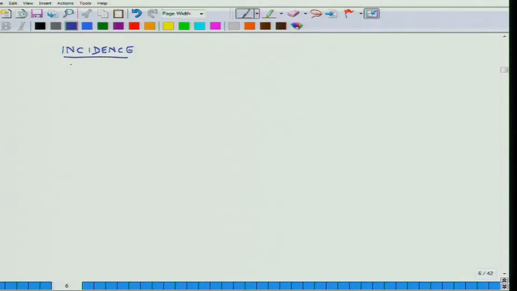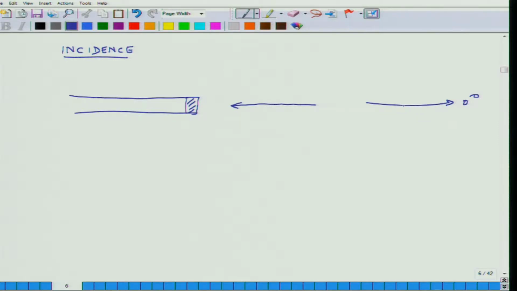So if I have a microphone, and the sound is coming from this direction, let's say from the 0 degree direction, which is the same as the axis of the mic, then this is called zero incidence. It is also called perpendicular incidence.